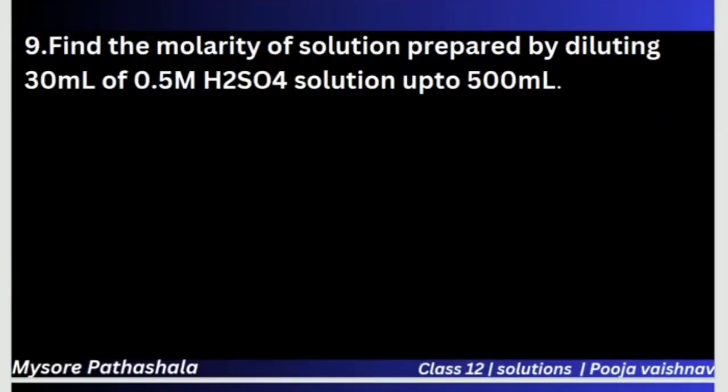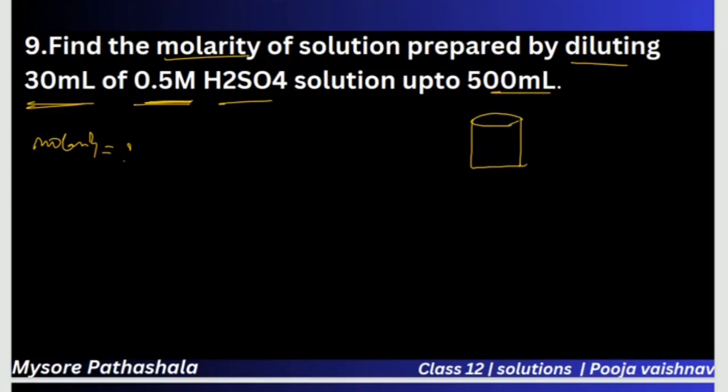So next, find the molarity of solution prepared by diluting 30 ml of 0.5 molar H2SO4 solution up to 500 ml. What does it mean? We have to find the molarity. By diluting 30 ml of 0.5 molar, consider I have a solution of concentration 0.5 molar and its volume is 30 ml.